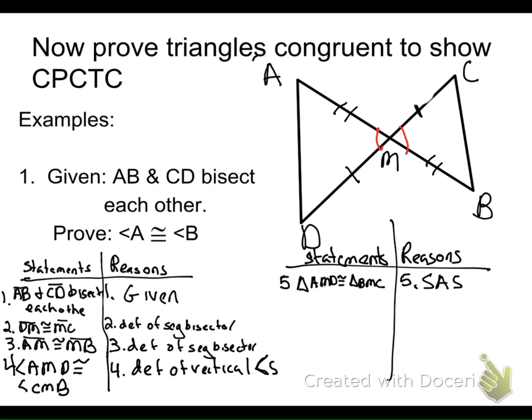Now that we have that, our ultimate goal of this proof is to show what? Yep, angle A is congruent to angle B. So that's our last step. Now that we know we have two corresponding and congruent triangles, we know that angle A is congruent to angle B by corresponding parts of congruent triangles are congruent.